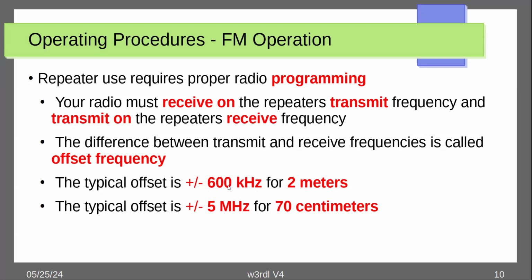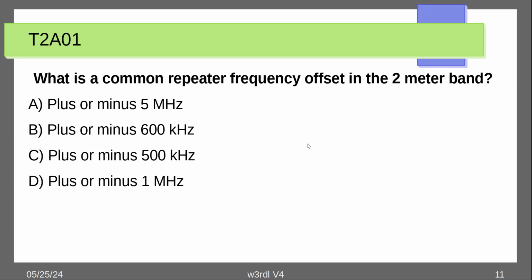And like I said, the offset is 600 kilohertz on VHF or 2 meters, and 5 megahertz on 70 centimeters, that's UHF. That also applies to satellites, because it's a repeater in the sky.